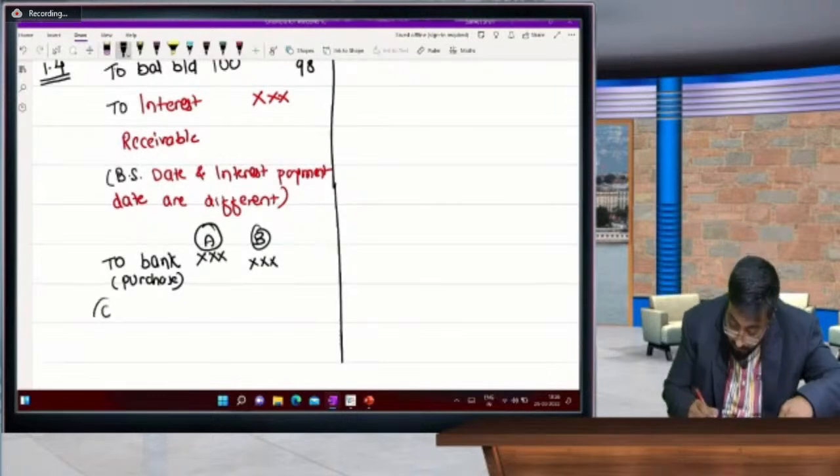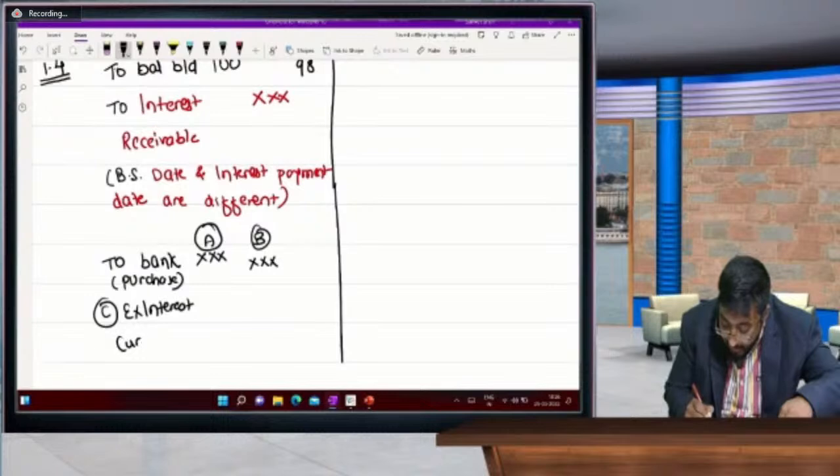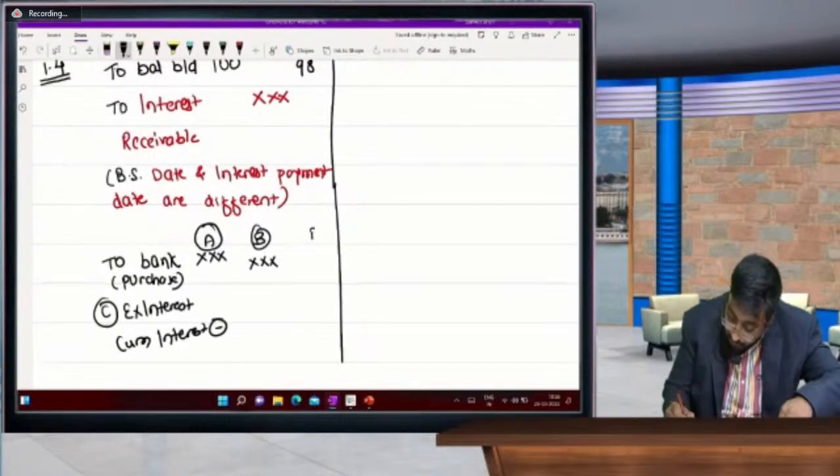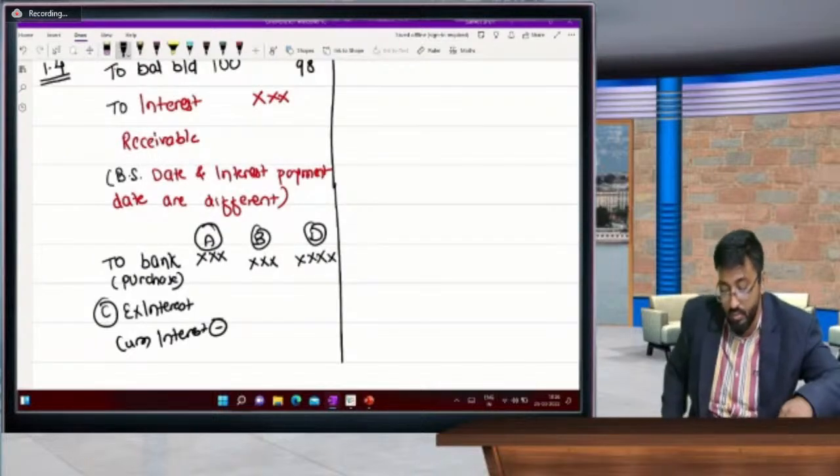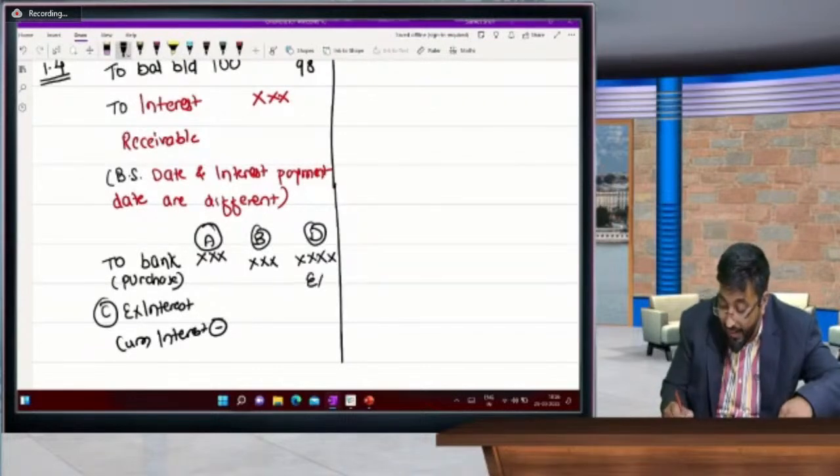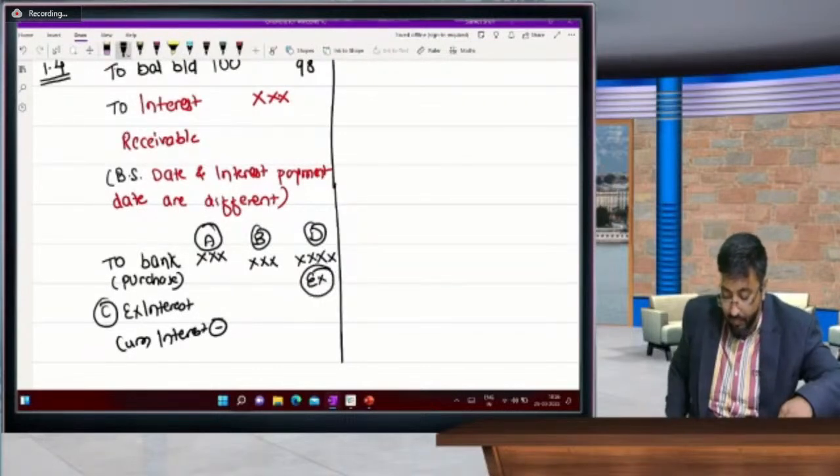C, suppose if it is cost ex interest, then don't deduct interest, and if cum interest, then deduct interest, minus. And D is the last column, and it is always at ex interest. Ex interest or cum interest is given in the question.